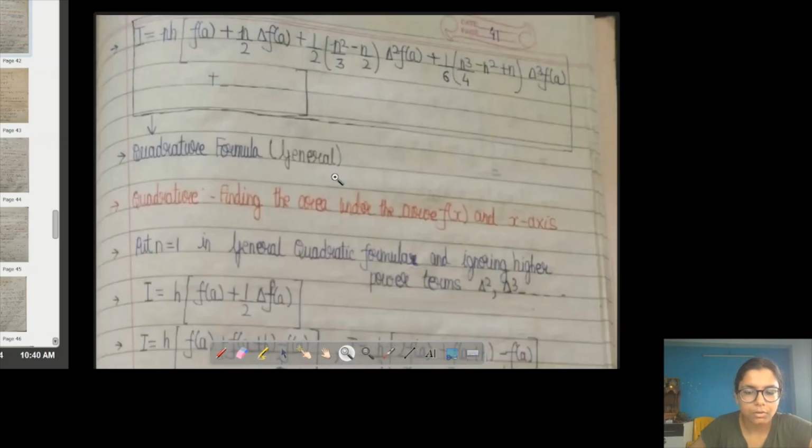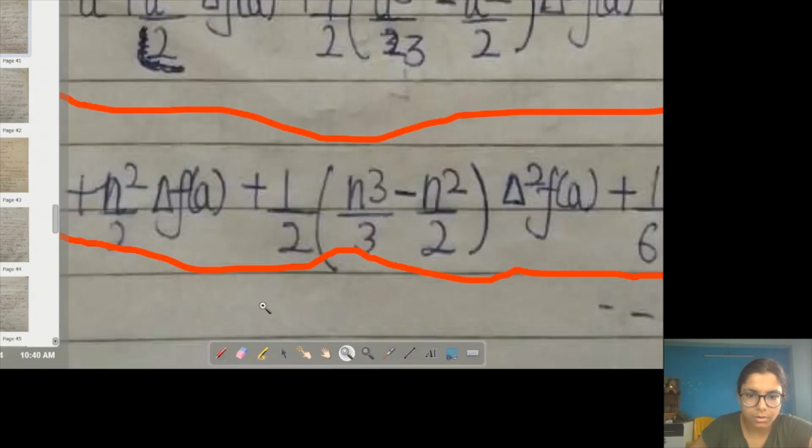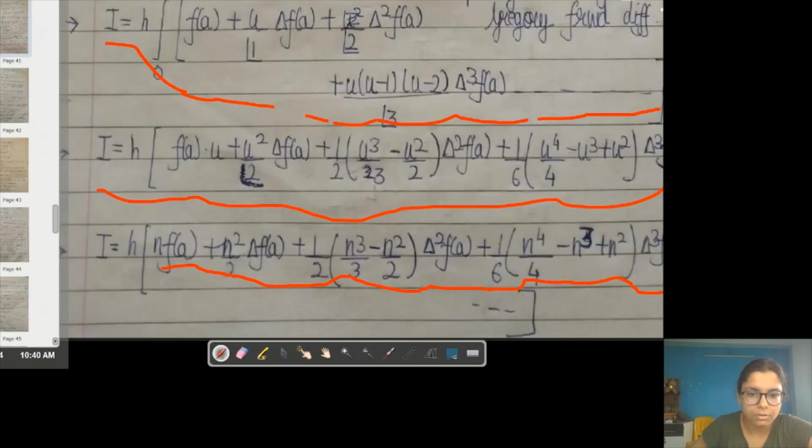So after equating the whole equation, we already calculated this, opening this and replacing all the u values with n, as we know n is equal to u.